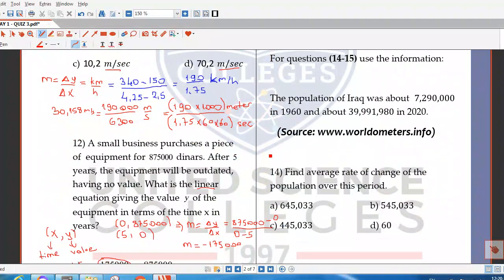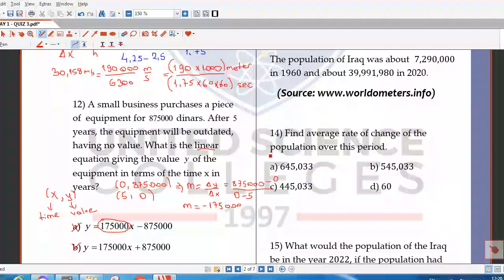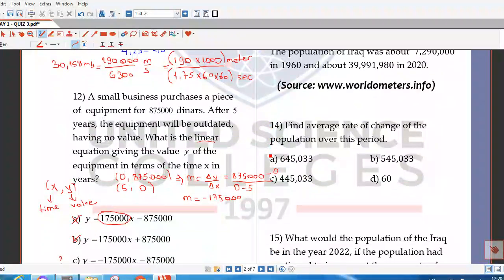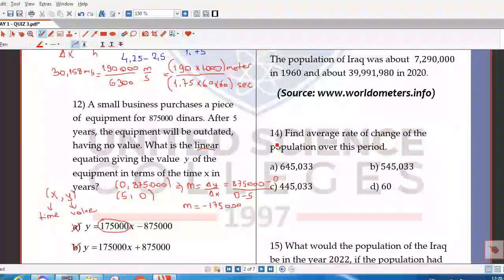We have information about the population of Iraq, and there are two questions to answer. Find the rate of change of population. If it is a population question, rate of change is actually slope, which is written as delta y over delta x.